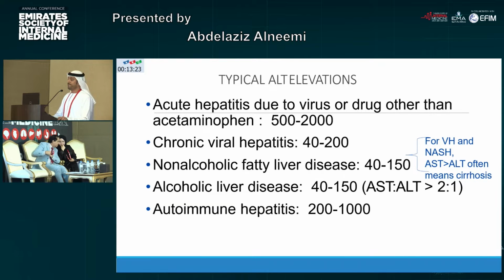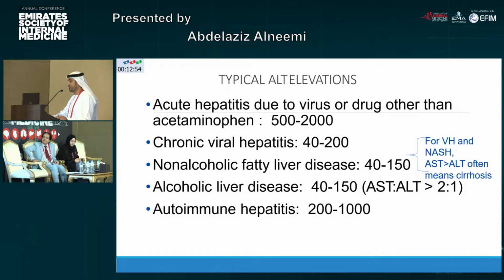So how can you interpret and evaluate a patient with acute hepatitis? You can see here the range of ALT in these patients. In acute hepatitis due to virus and drug, other than acetaminophen, the range of ALT is usually 500 to 2000. In chronic viral hepatitis, it ranges between 40 to 200.